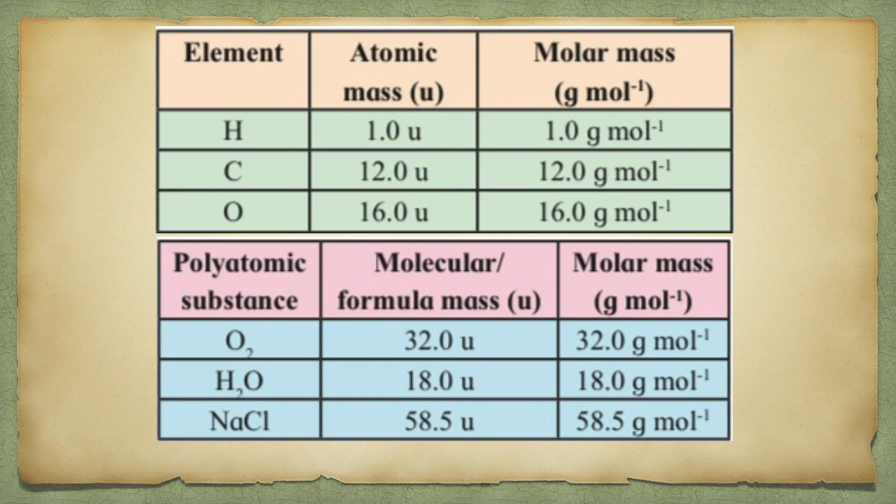And for NaCl, the mass is equal to 58.5 U, and the molar mass is equal to 58.5 gram mole inverse. So hopefully you understood. We just have to change the unit. So the mass expressed in grams is nothing but molar mass. So 1 mole of any substance expressed in gram is said to be molar mass.